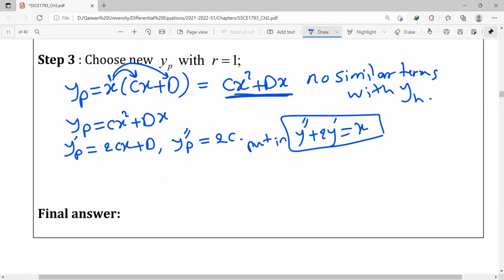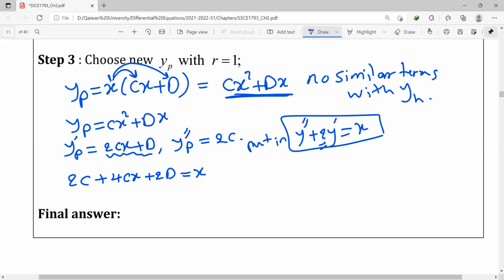Now we replace y double prime by 2c. So you get 2c plus 2 times y prime. Y prime is 2cx plus d. If you multiply this by 2, we get 4cx plus 2d equals to what?